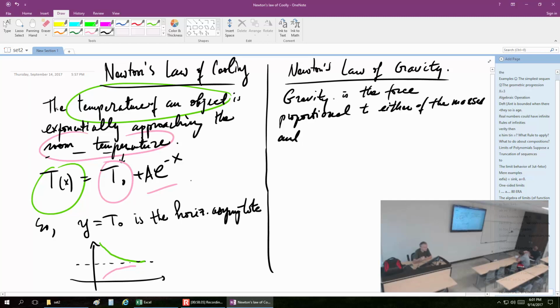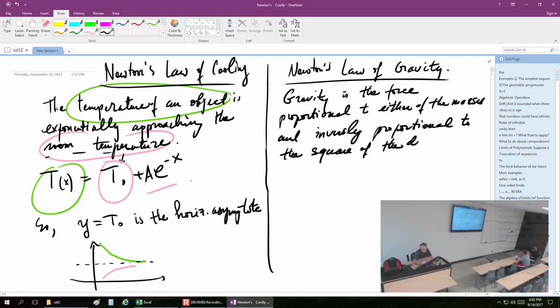But how does it change? It depends on the distance between the two bodies. Remember what the dependence is? It is inversely proportional to the square of the distance between them.